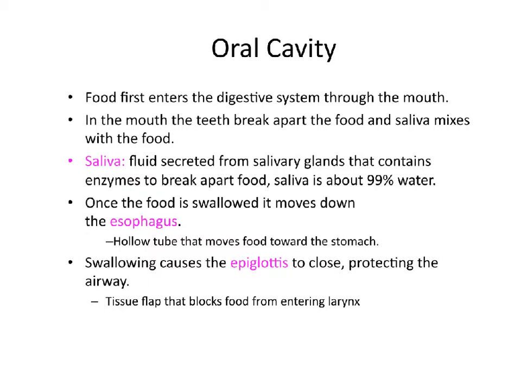And then you're going to mix that food with one of the first steps of chemical digestion, which is saliva. Saliva has a dual purpose. It's mostly water, which lubricates and allows the food to travel through the digestive system, but it also has some enzymes in it that break food apart. Saliva is really good at breaking down sugars, things like amylase in your saliva that break sugars down into simple subcomponents.